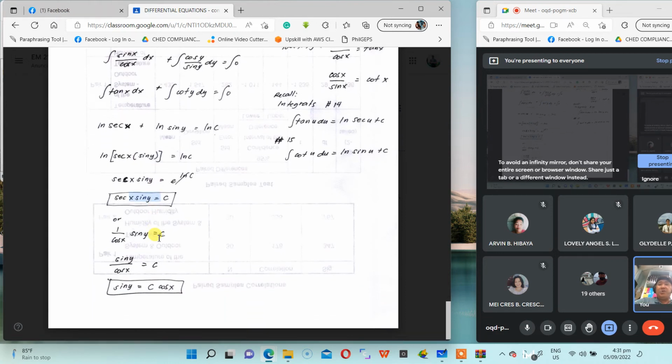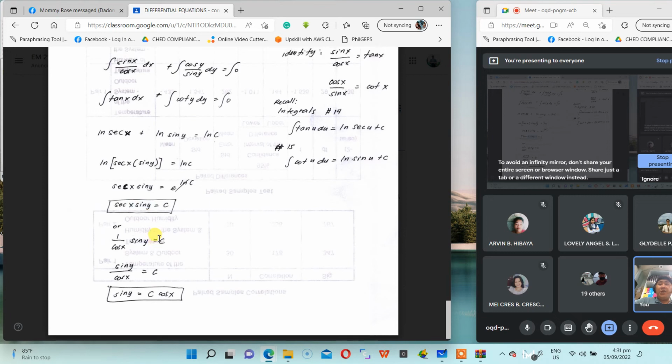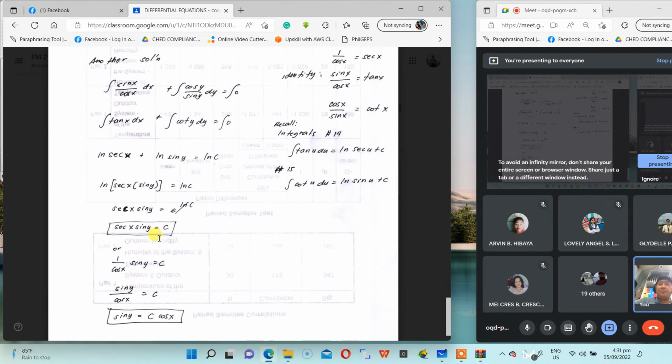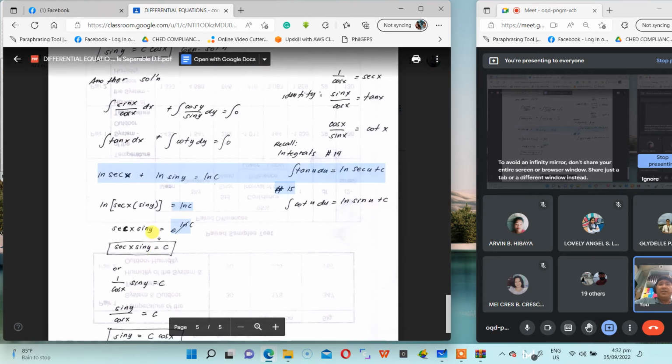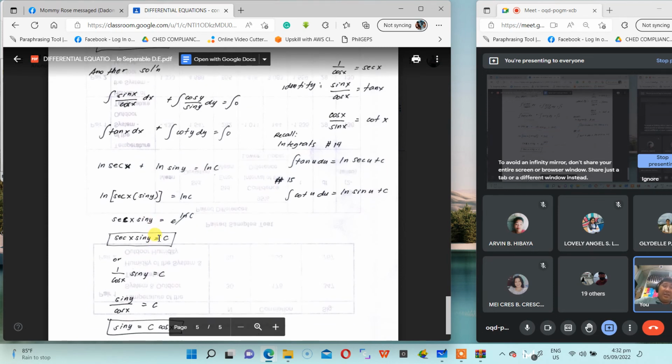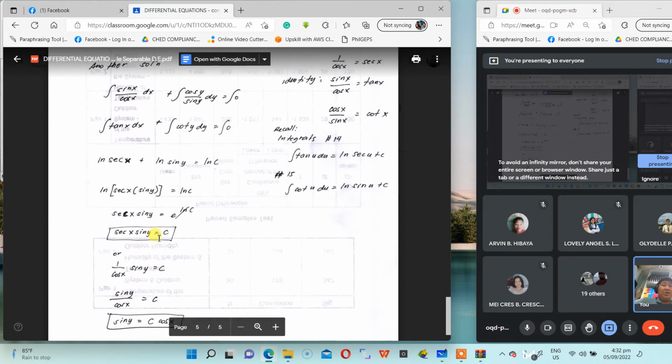After that, you transpose the ln, it becomes e raised to the power of ln, which becomes 1, so you have this answer. Recall that secant is equivalent to 1 over cosine, so 1 over cosine x is equivalent to secant x. That is still an identity in trigonometry.